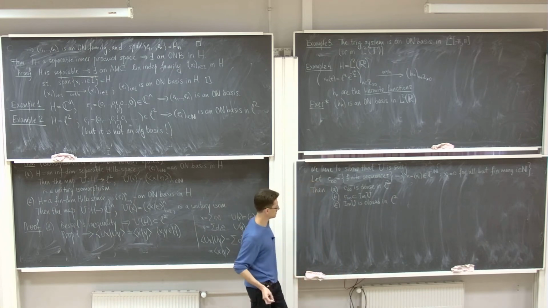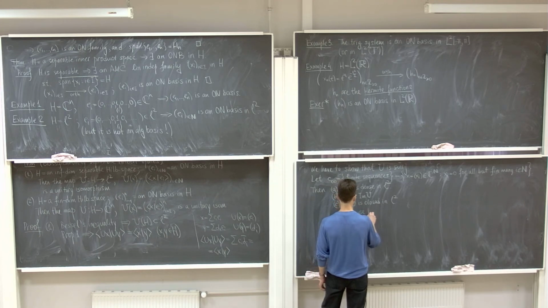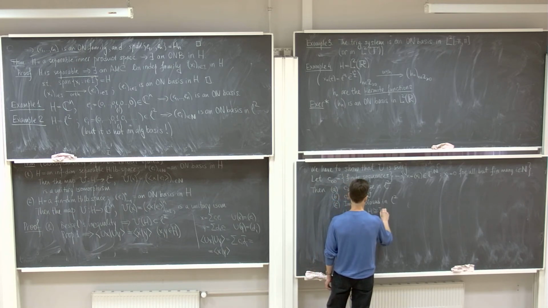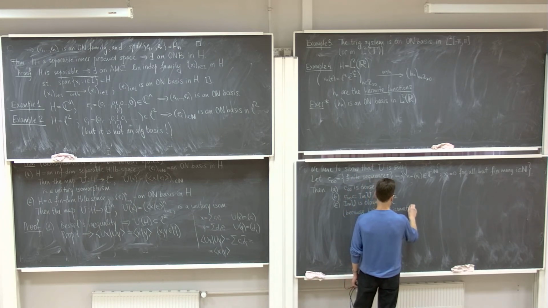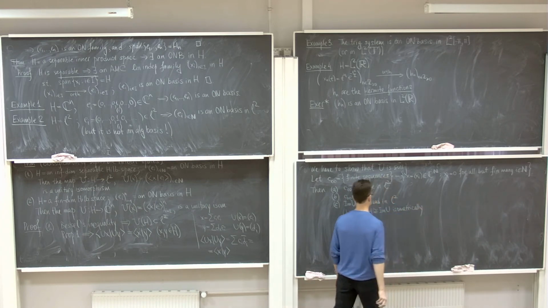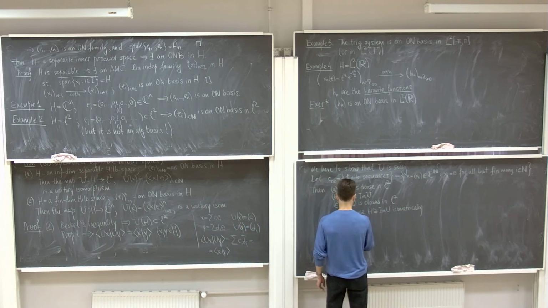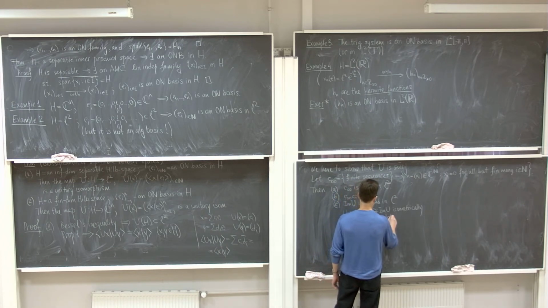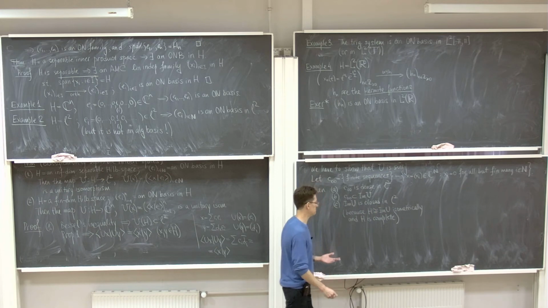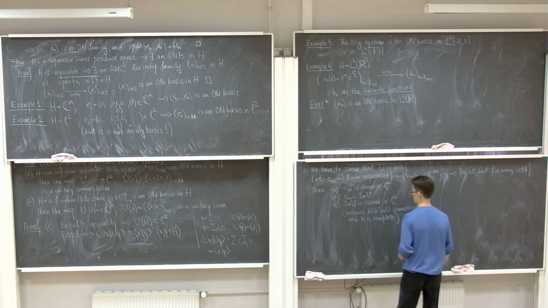Why is it closed? It is closed because it is isometrically isomorphic to H, and H is complete. So this implies that the image of U is also complete, but a complete metric space is always closed in any bigger metric space.